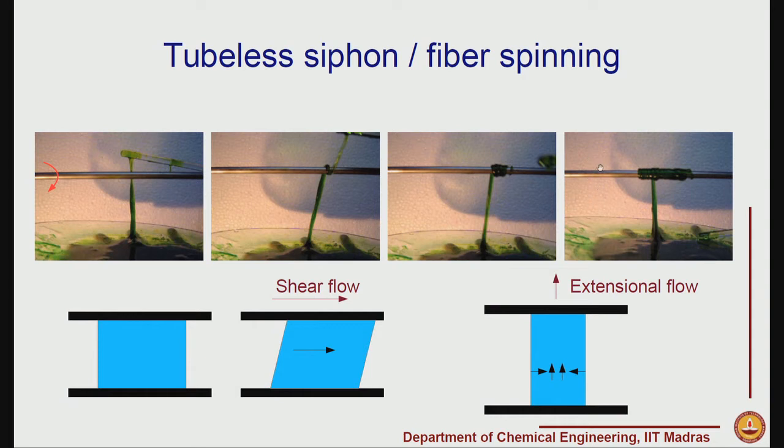So, the faster I rotate this rod, the more stretching I can achieve. If this rod rotates very slowly, then the stretching achieved will be very low. In these kinds of cases, what we have is called extensional flow. And it is helpful to think of shear flow and extensional flow as being present even in our day to day life.